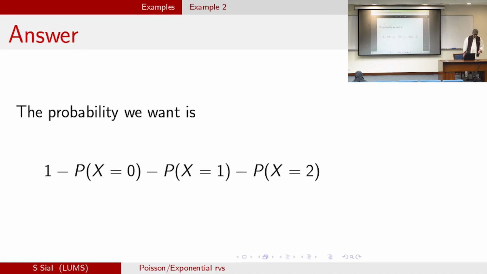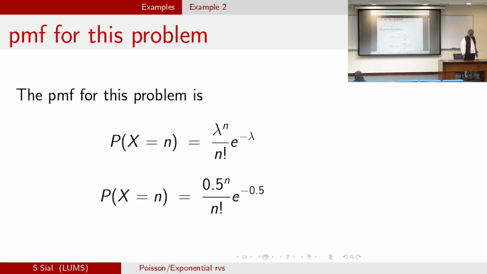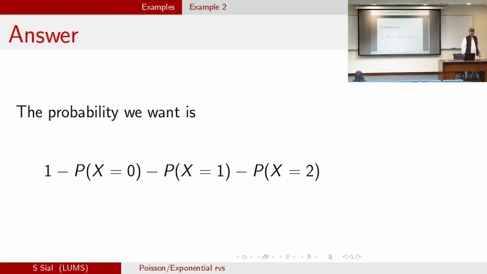All right, so the probability of more than 2 is 1 minus the probability of 0 minus the probability of 1 accident minus the probability of 2 accidents. And this is the formula that we would use for each one of those terms.